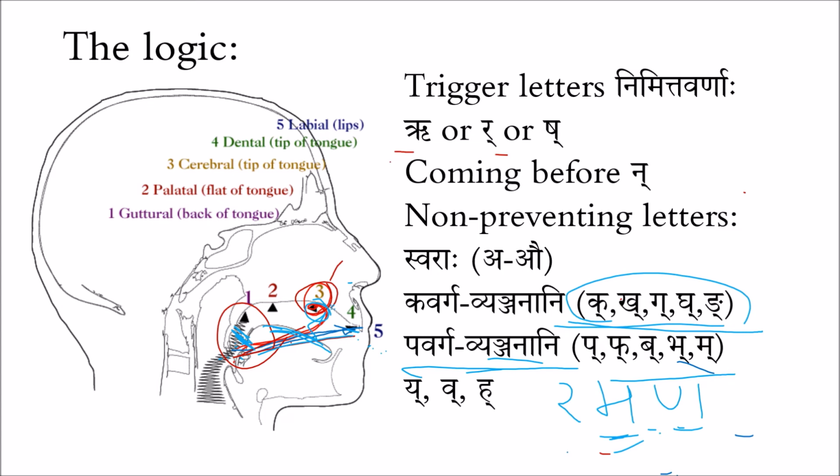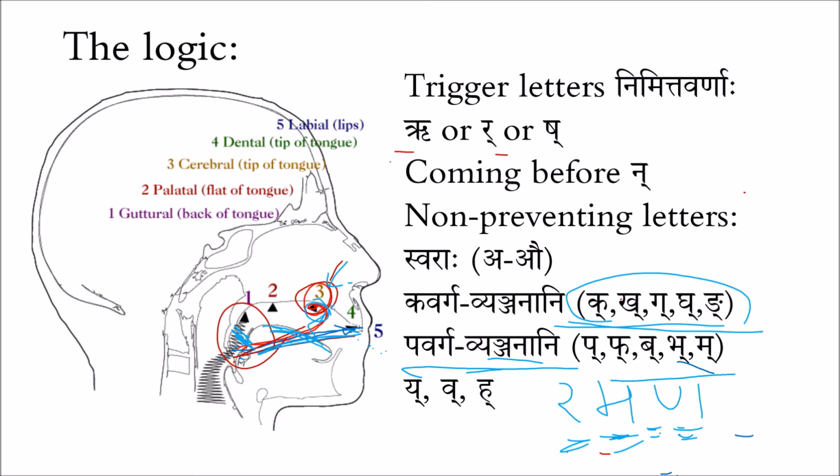So the tongue can remain there. And after ra, the tongue can remain there. Then a swara also doesn't affect the tongue, and instead of saying na, the na sound can be pronounced from that position, so it becomes Ramana.